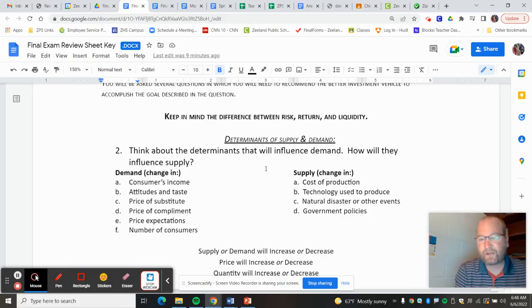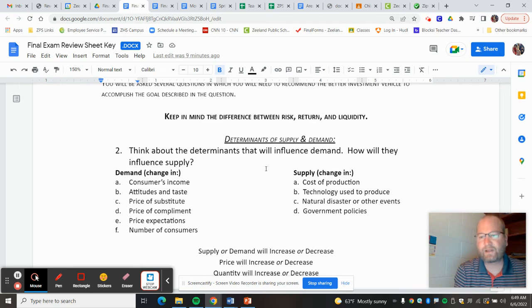A natural disaster or another event. If there's a big hurricane that rips through maybe part of the southeast United States, and it just destroys a company that produces, we'll use soccer balls again, soccer balls. They can't produce soccer balls for a while. So the supply of soccer balls is going to go down because of that natural disaster.